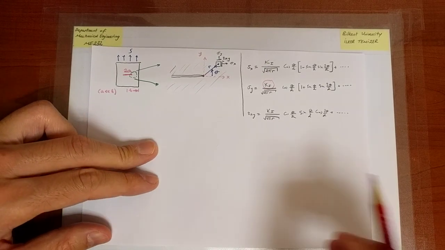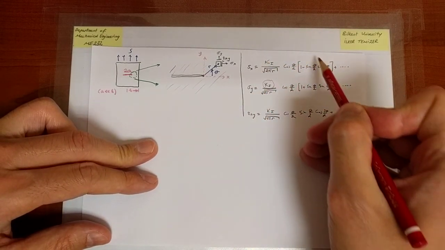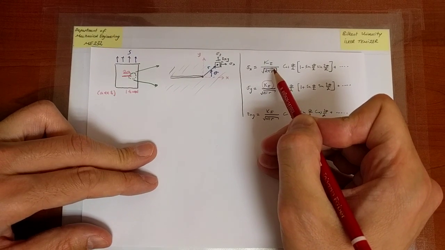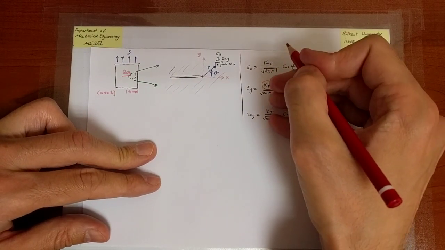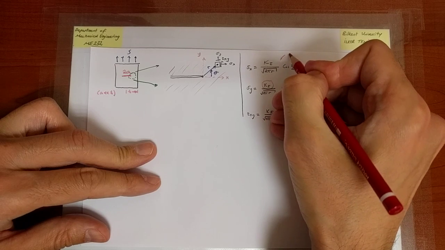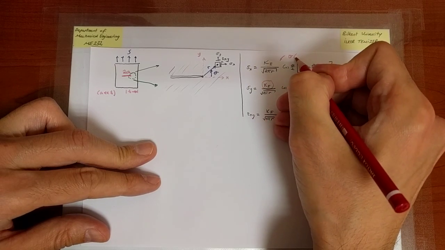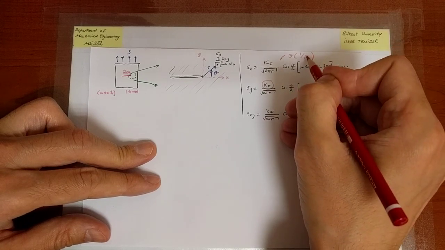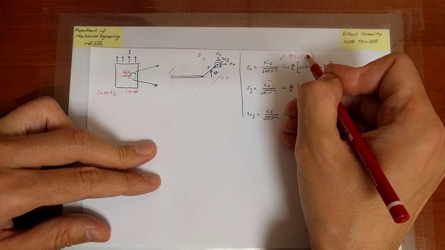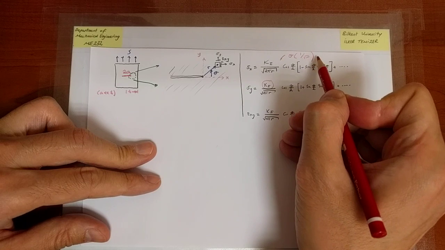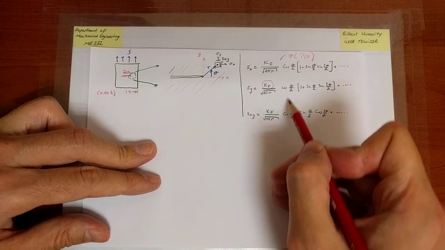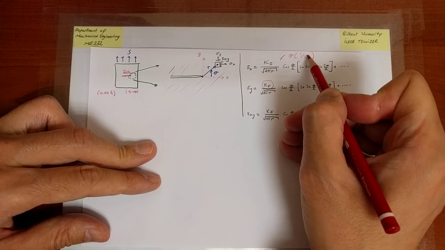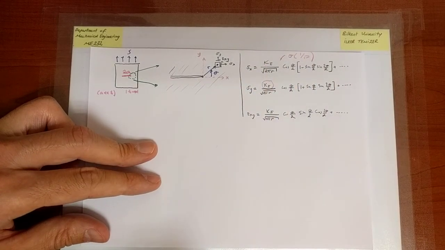Now, these terms are all terms of order 1 over square root r, such that when r goes to 0, the order sign here just indicates that because they are of order 1 over square root r, all of them blow up.